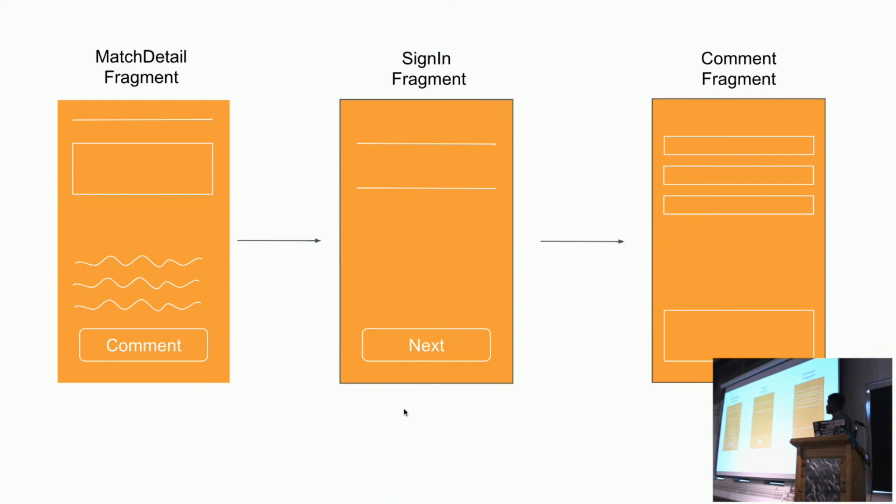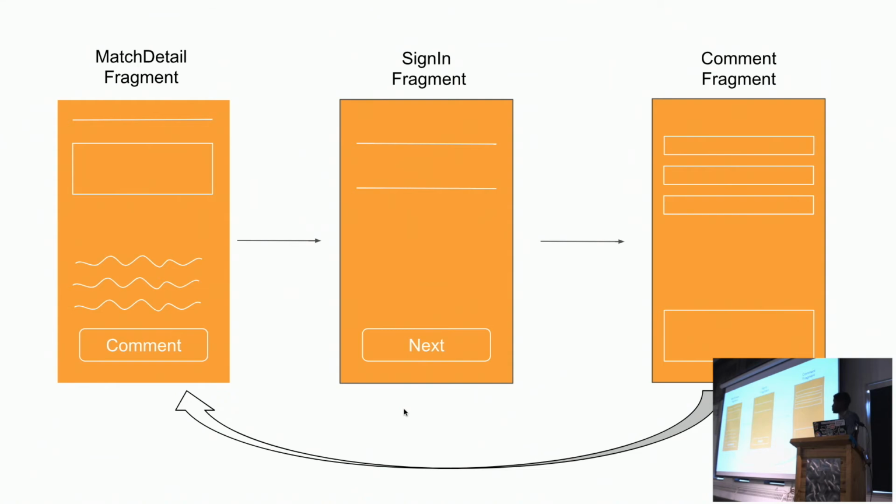So the idea is that if I press the comment button, my system can determine whether the user is signed in, launch a sign-in fragment, then I sign in, and then I'm taken to the comment fragment. But of course, if you're keeping user experience in mind, when back is pressed, you want to skip directly back to the detail fragment as the user's already signed in.